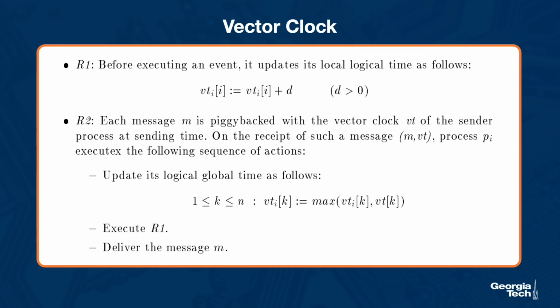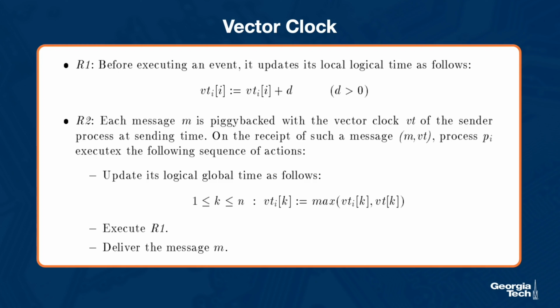When node pi receives a message, that message will be timestamped with the sender's clock and will have some vector timestamp VT. On receipt, pi will update its clock to make sure that each element in its own vector clock is the maximum of the value for that element in its current clock and the value of that element in the vector clock timestamp that's associated with that message.